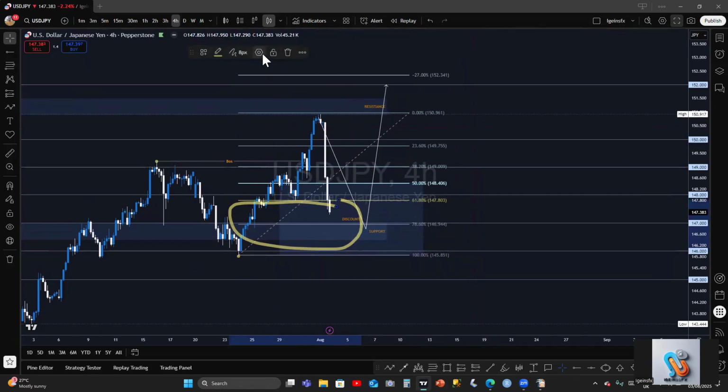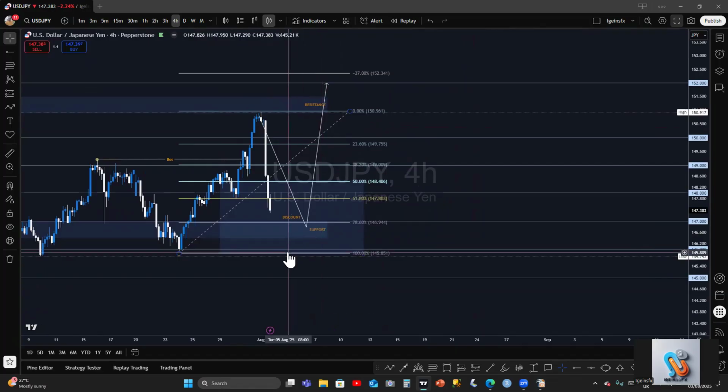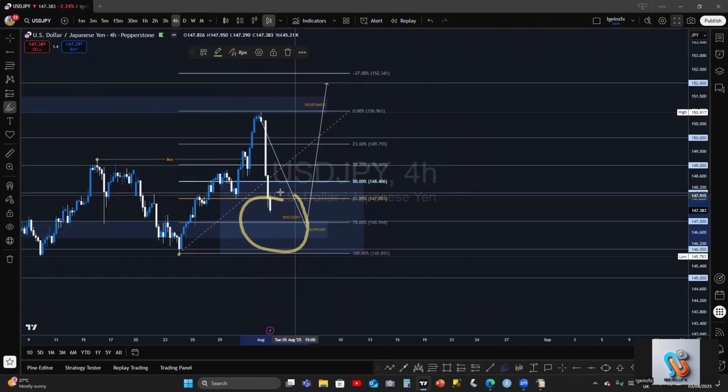So as far as I'm concerned, we are just going to wait. We need a confirmation. We are going to wait and see what price will do at this level. If this level holds, that means we'll see a bullish run.